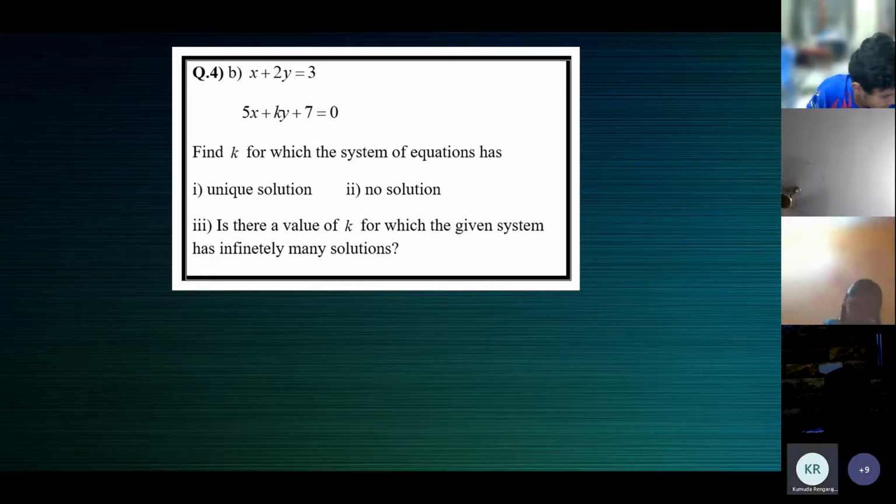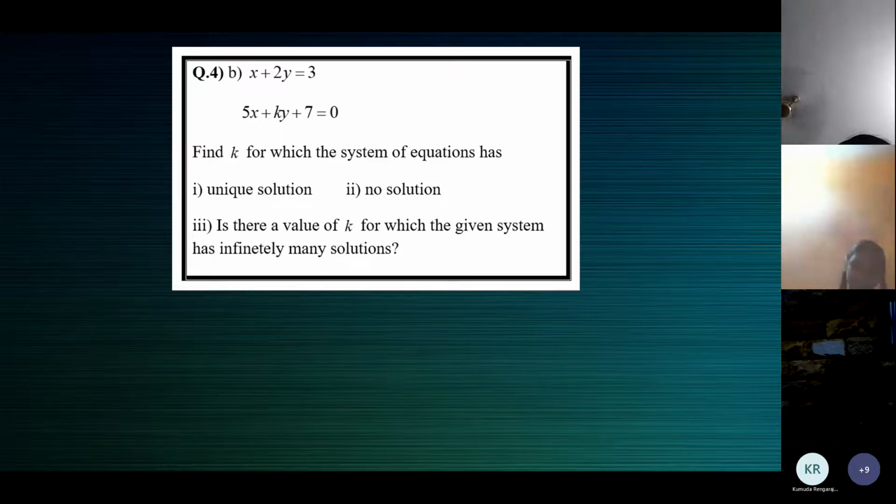No solution? Working on. Okay. Ma'am, k is equal to 10, ma'am.